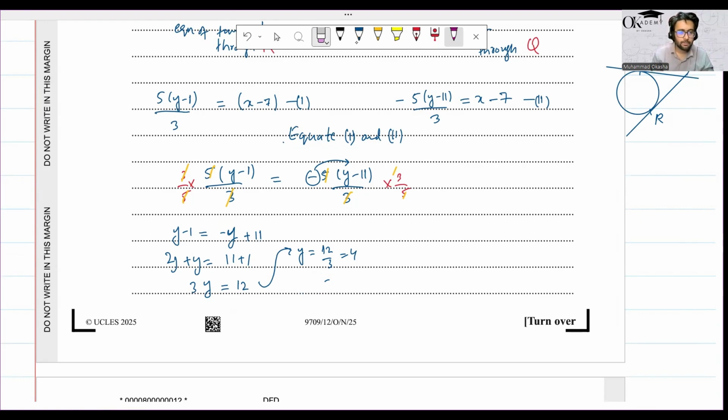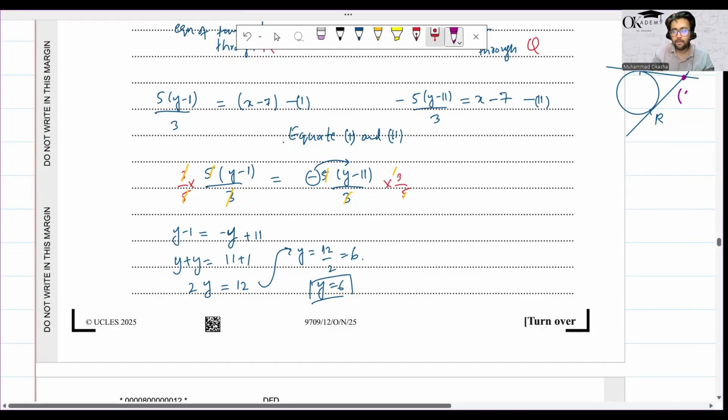Sorry, y plus y, so that's going to be 2y, my bad. 2y equals 12, and of course y is 12 divided by 2, I'm going to get 6. So y equals 6 is the y coordinate of the point of intersection. So if you look at the point of intersection, I don't know what the x coordinate is, but the y coordinate is 6.